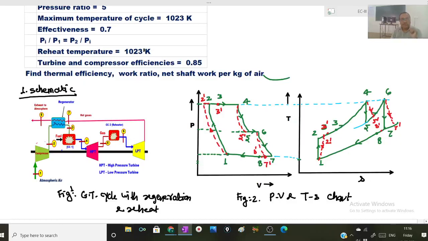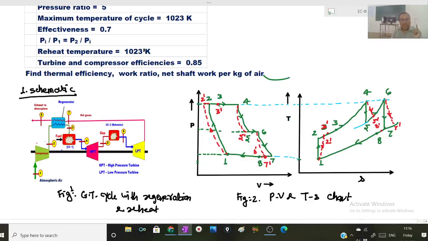7 to 8 is subcooling of the hot gases in the regenerator. So if the regenerator is 100% effective, or its effectiveness is 1, ideally you will get the temperature T8, and if its effectiveness is less than 1, the actual temperature 8 dash will be more than T8. Similarly here, if effectiveness of the regenerator is 1, the ideal increase in the temperature of compressed air is T3.